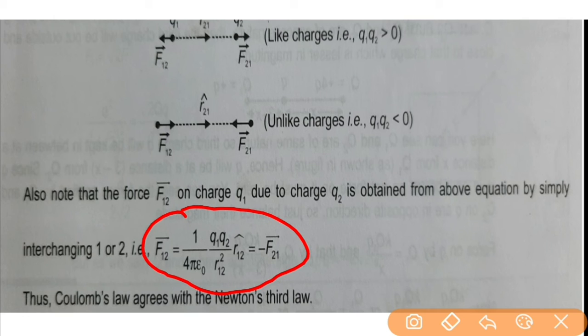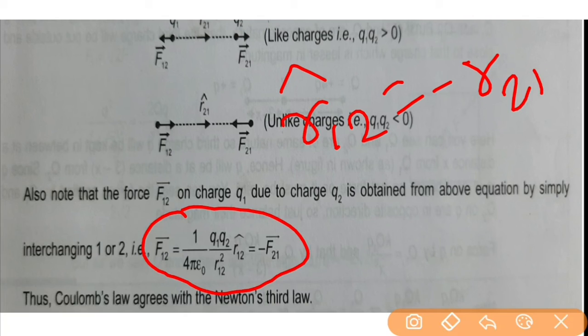Now here we can get that R12 cap equals minus of R21 cap.